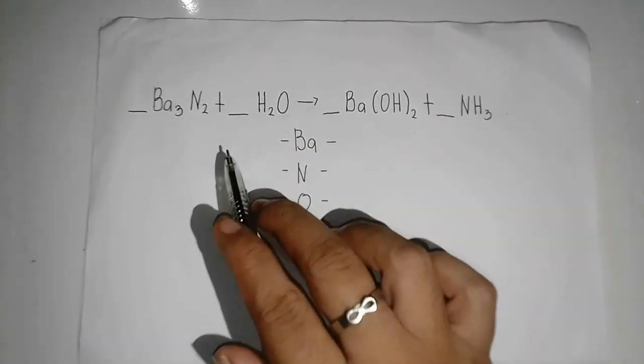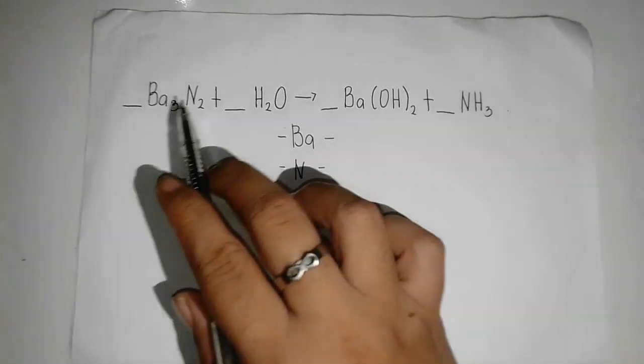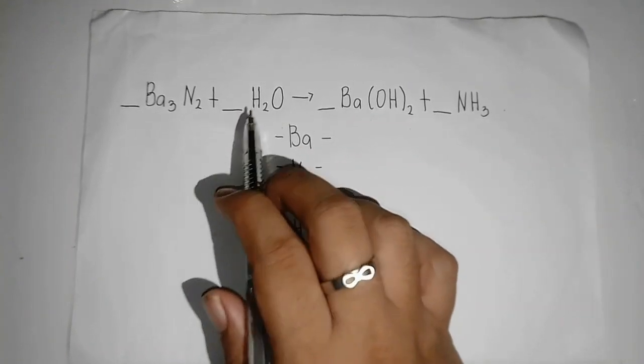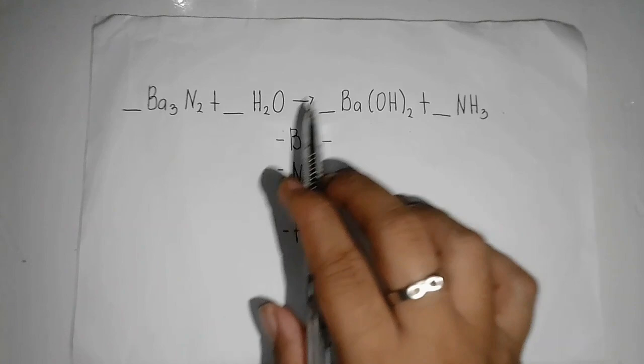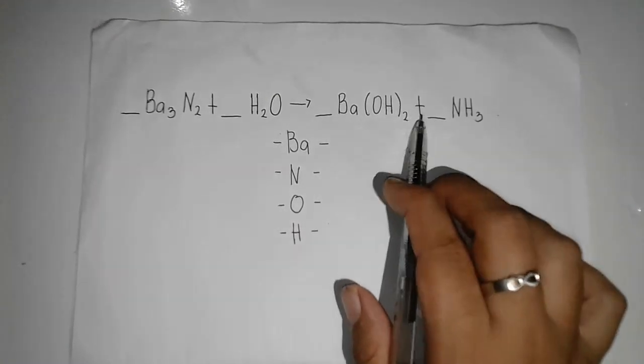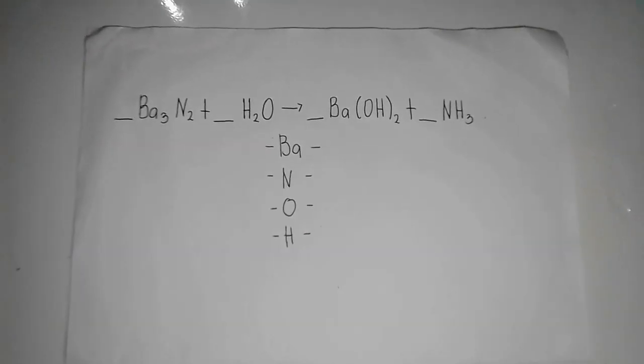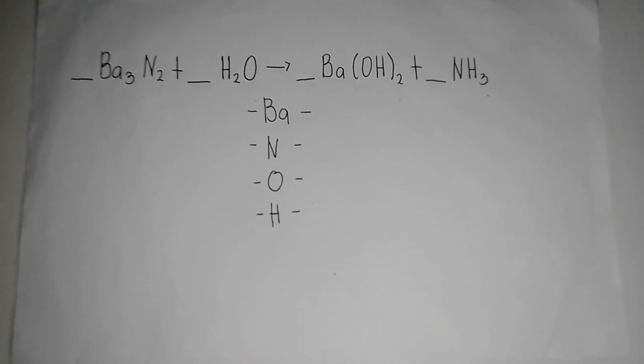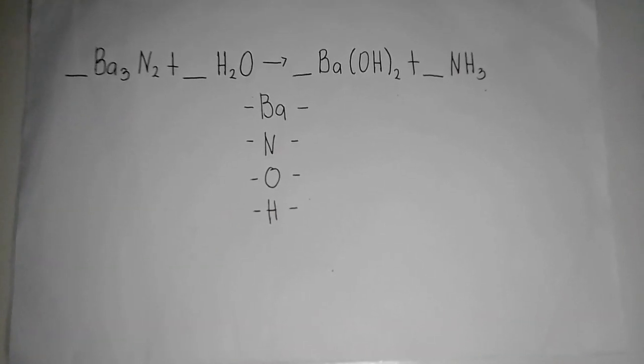So we're going to read this as barium nitride combined with water. It will yield barium hydroxide combined with ammonia. We are done identifying the elements present in the chemical equation.